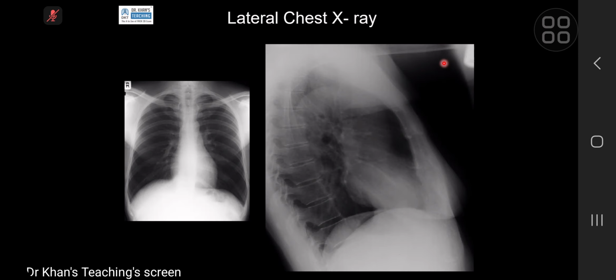Please remember that the current generation of radiologists doesn't see lateral chest X-rays because now we go for CT scan immediately. But please also remember that PA and lateral is still a basic view of the chest, so you should know the lateral chest X-ray.